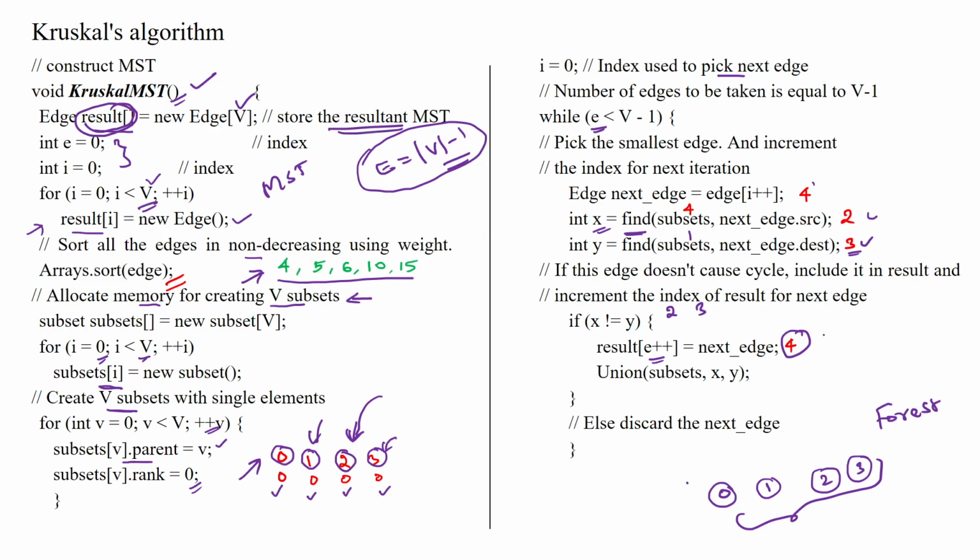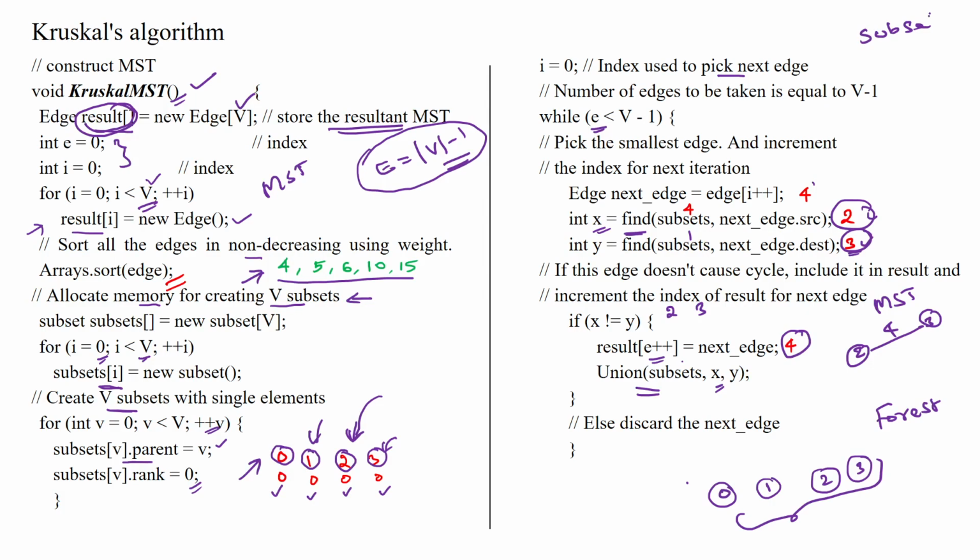So this edge between 2 and 3, which is having the value 4, we are going to add into the minimum spanning tree. Then we are making the union of subsets, x, y. So now this x, y, 2 and 3, is going to be added into the subsets.